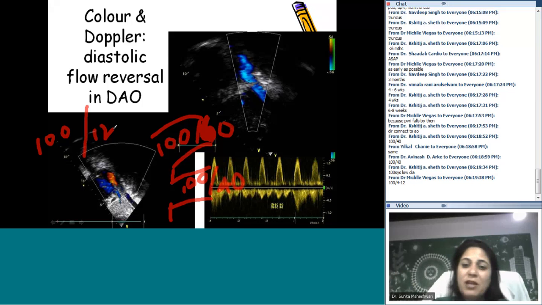In a baby who has low pulmonary vascular resistance, the diastolic pressure in the pulmonary artery is going to be low. So there is no direct banging of the pulmonary artery both in systole and in diastole.